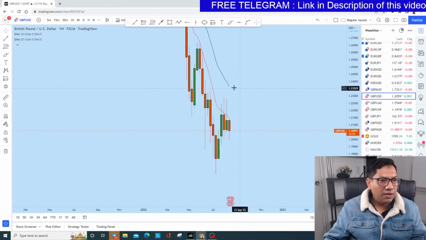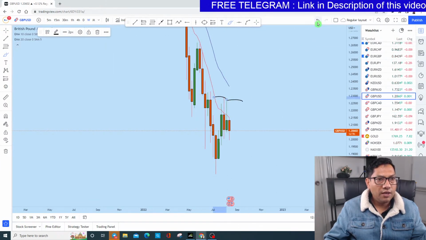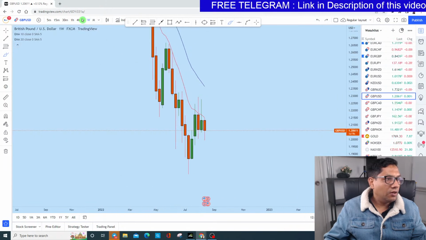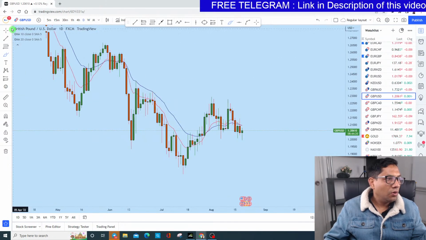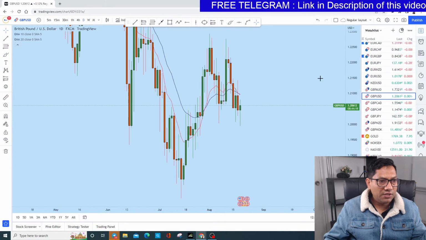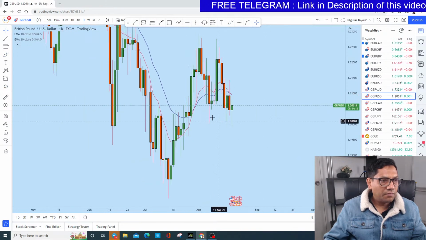There is a double top with a lower high on the weekly, strong rejection from the top. Okay, a long weekly candle. Then on the daily perspective, there is a support zone here.